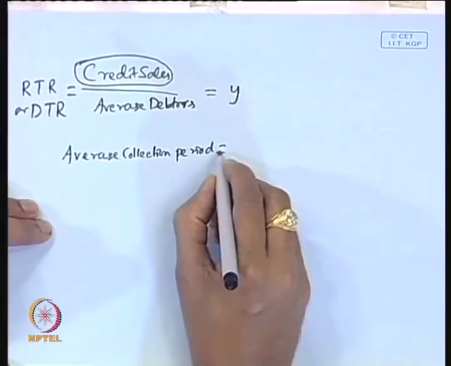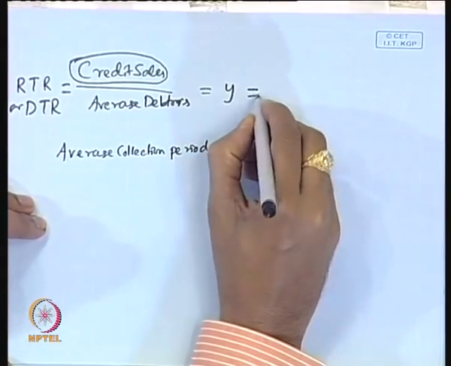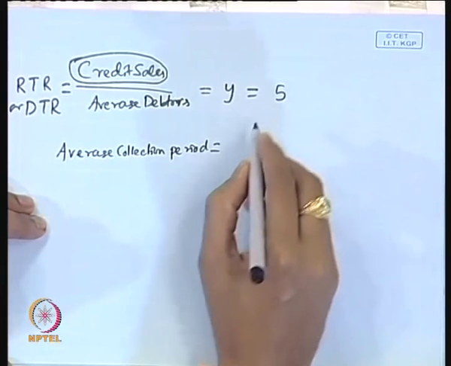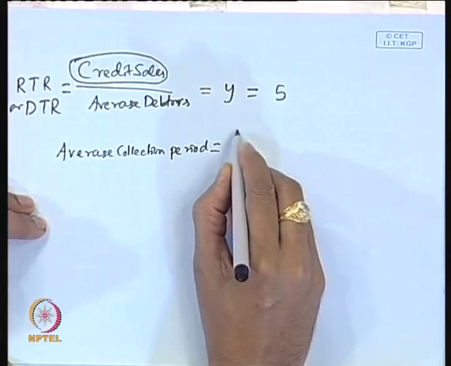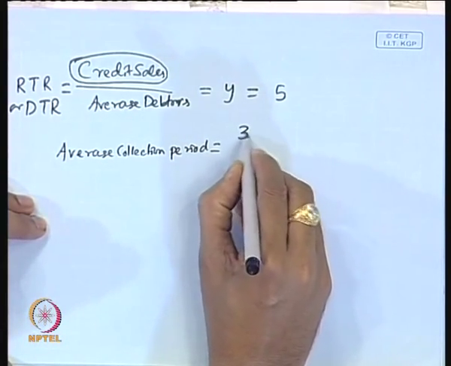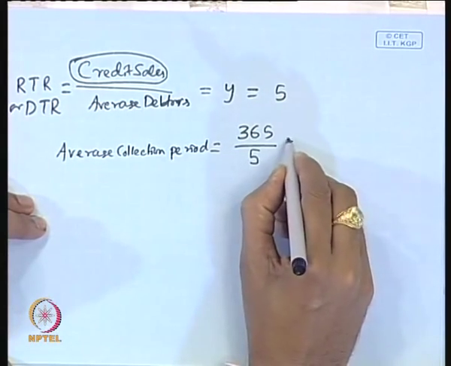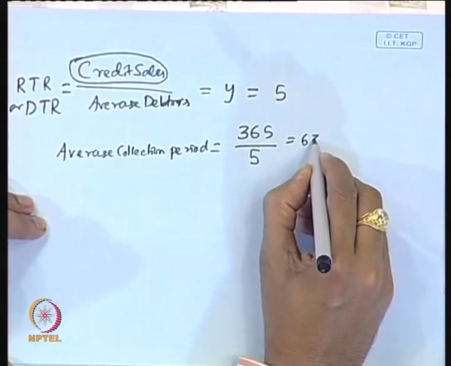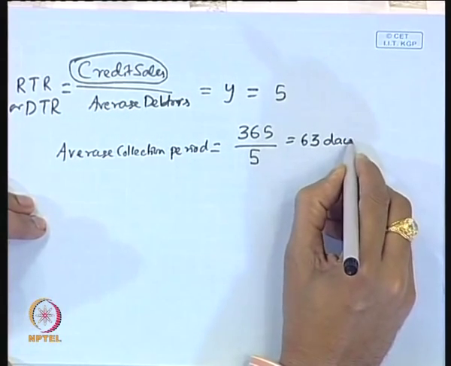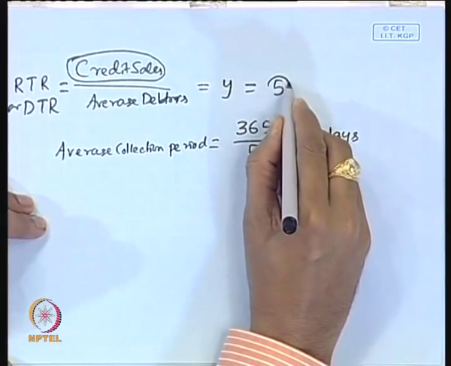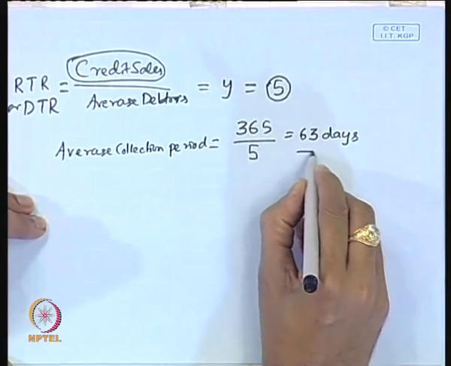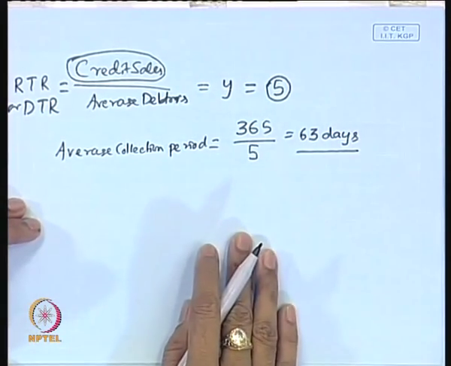So, if the debtors turnover ratio is, for example, 5, then the average collection period will be the number of days in a year divided by 5. That comes to 63 days. That means, if 5 is the receivable turnover ratio, this company takes 63 days to collect the money from its receivables.